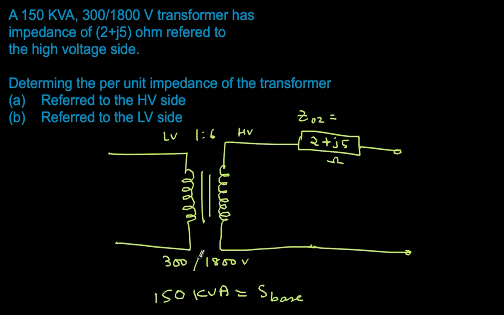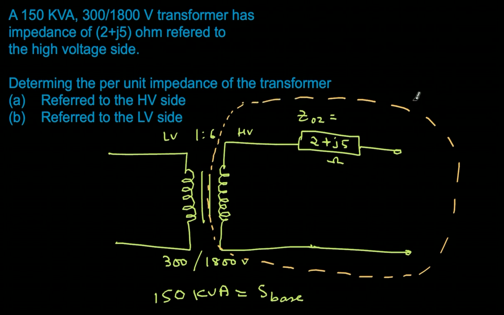Now the voltages. So what is the voltage base? Wherever there is a transformer, you have two different voltage levels. So I separate my entire power system into two voltage levels. So I identify this as region number 1, and I'll identify the other one as region number 2.